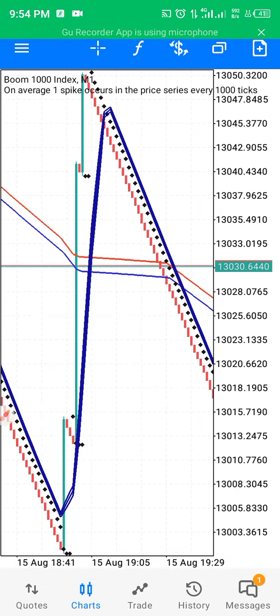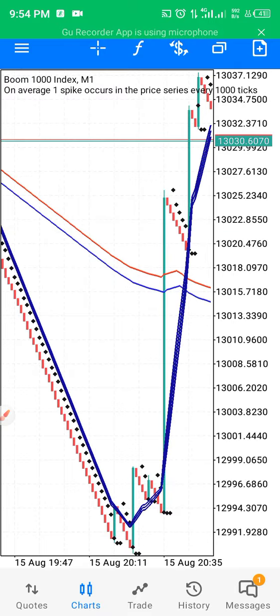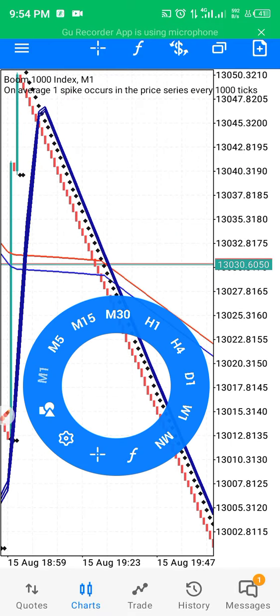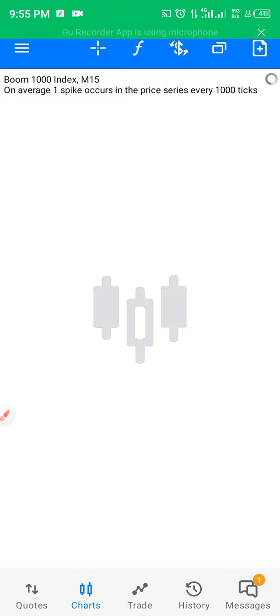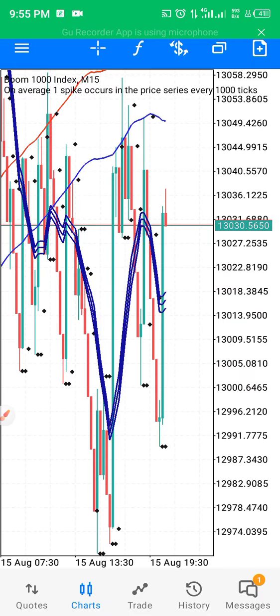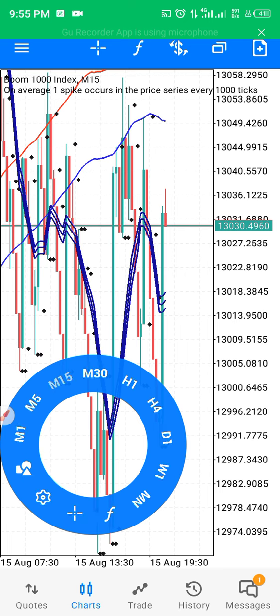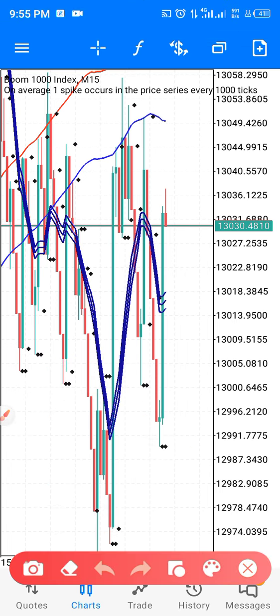Now remember, I said you can go for a longer period if you use a higher time frame to check the direction of the market. So from here we discover that the market is in downtrend. Why is it in downtrend? Because right here we can see that all the candles are below the 2 moving averages that we put.